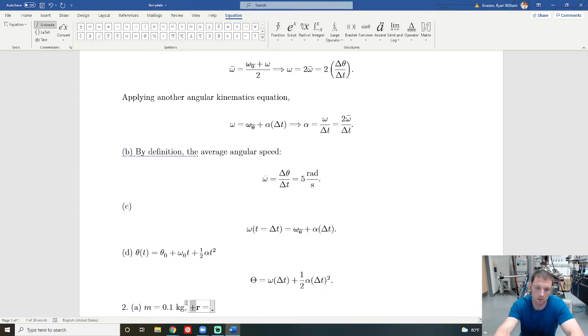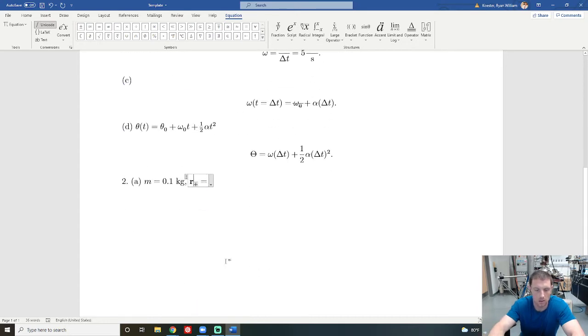Or maybe what I want to do is write r sub plus or minus. That's probably better. And I don't think you can see the minus sign, it's hidden.